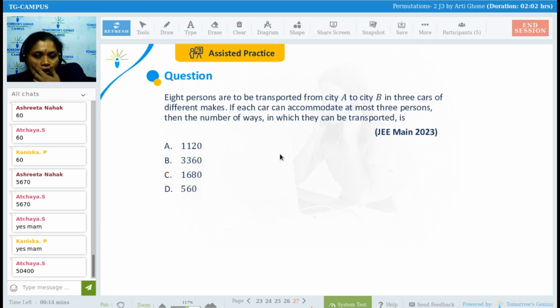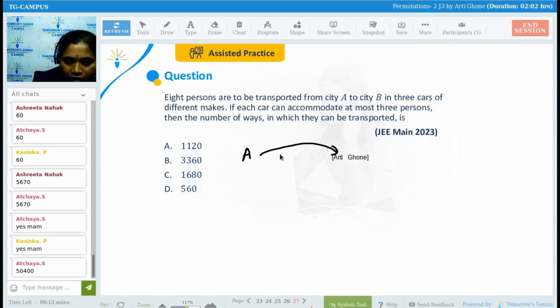Okay, now last question. 8 persons are transported from city A to city B in 3 cars of different makes. Okay, so A to B transportation is taken by means of 3 cars. Clear?